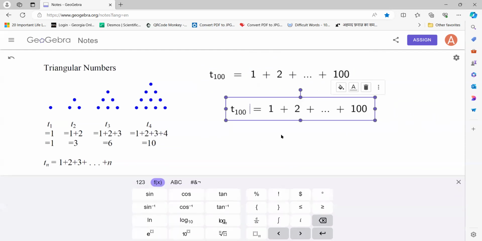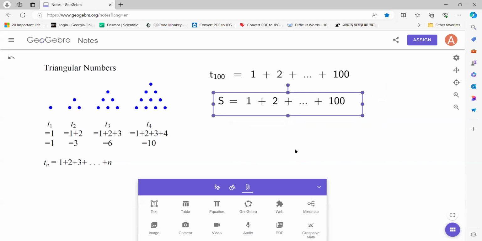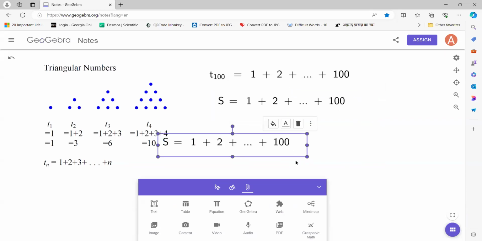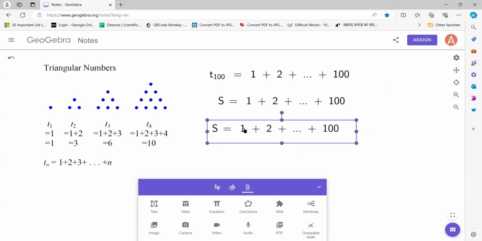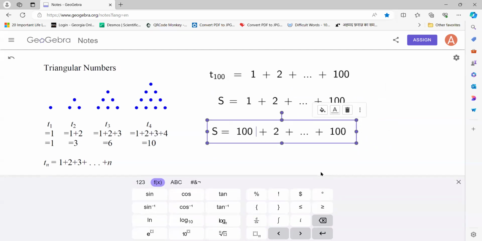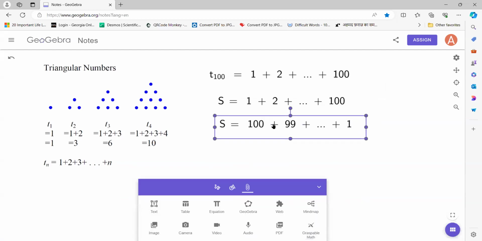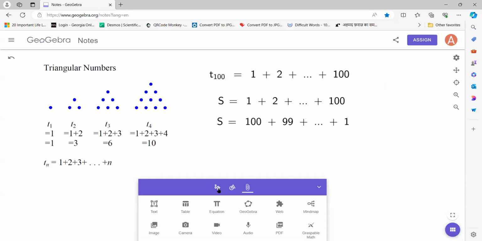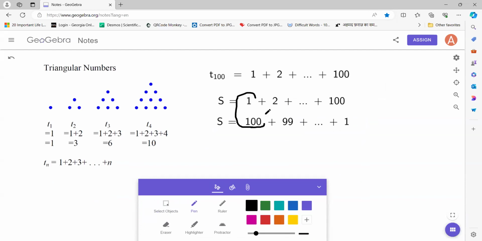We're going to find the sum. Let's call it S. That's what we're looking for. We don't know what it is. And we're going to write it in reverse order as follows. And the sum will still be S. Now, if I add the corresponding terms, I add these two, and so on, all the way up to these two.